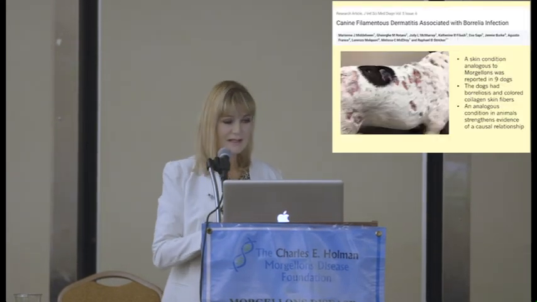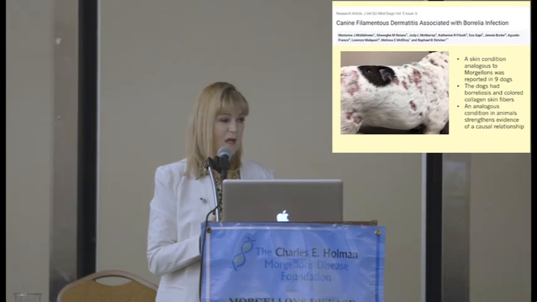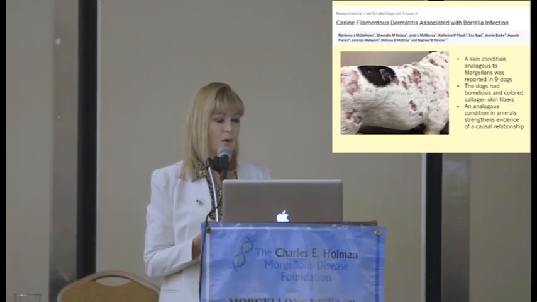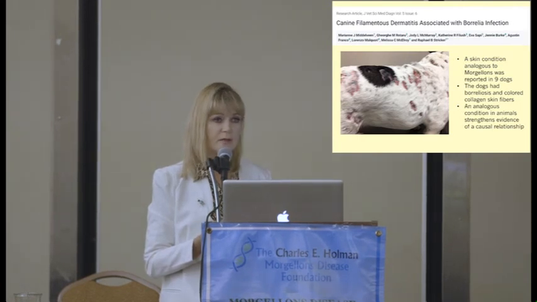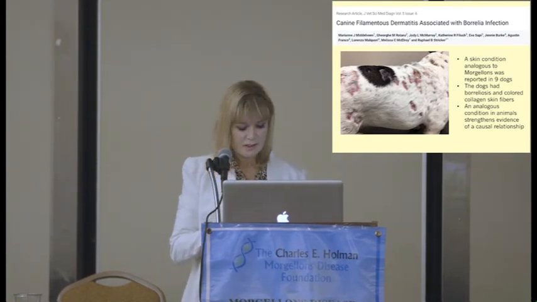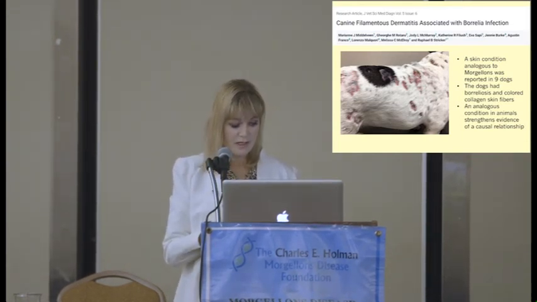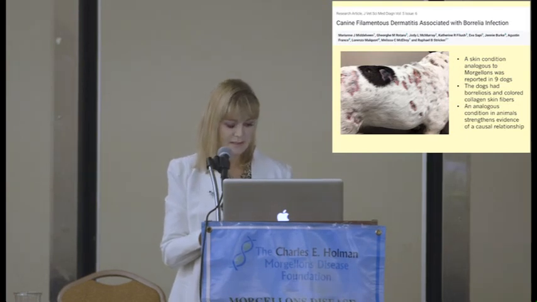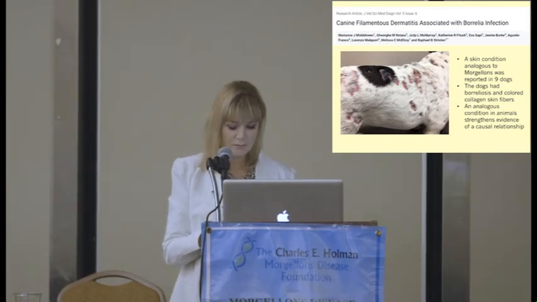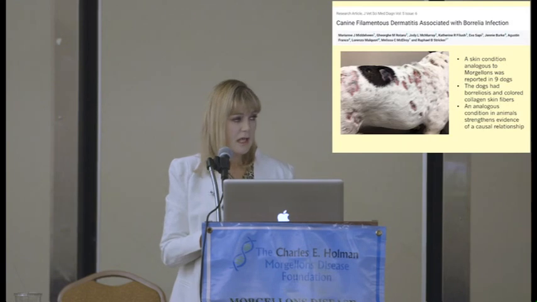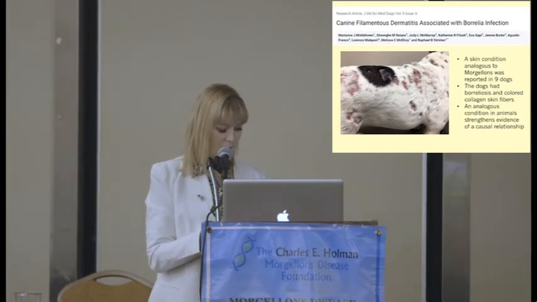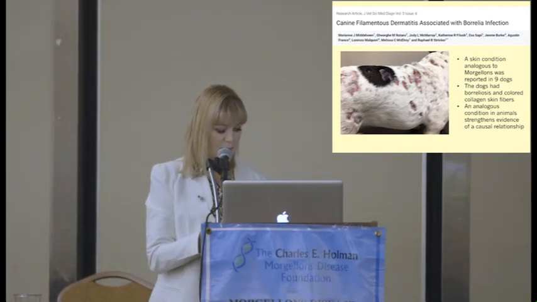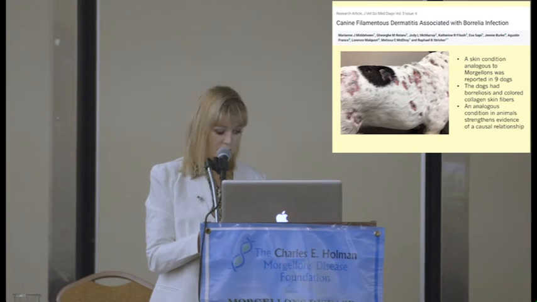Lastly, remember I said that weaker evidence, if it's supported by stronger evidence of a similar condition, has better evidence for causality and should be considered. We know that a Borrelial filamentous skin condition was reported in a canine model, and dogs in this study had red, white and blue filaments, which were composed of collagen.